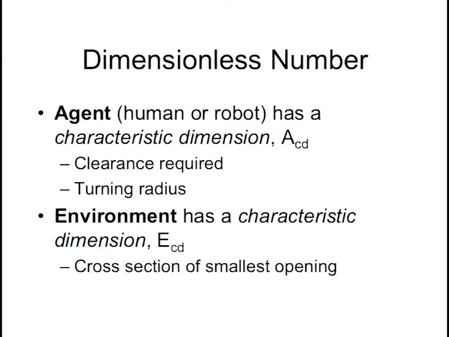You go slower. There have been a lot of studies on that. Now, in terms of the environment, there's a characteristic I would call the cross-section of the smallest opening. How big is the robot versus how much space has it got to go through? It's not the nominal or the average case, because it's the smallest case, the minimum.